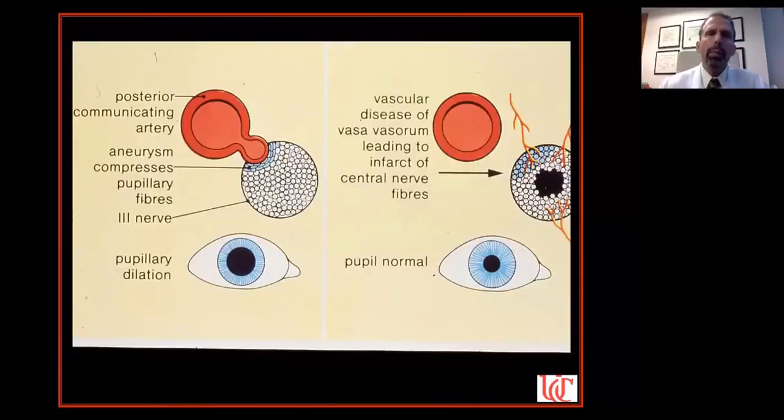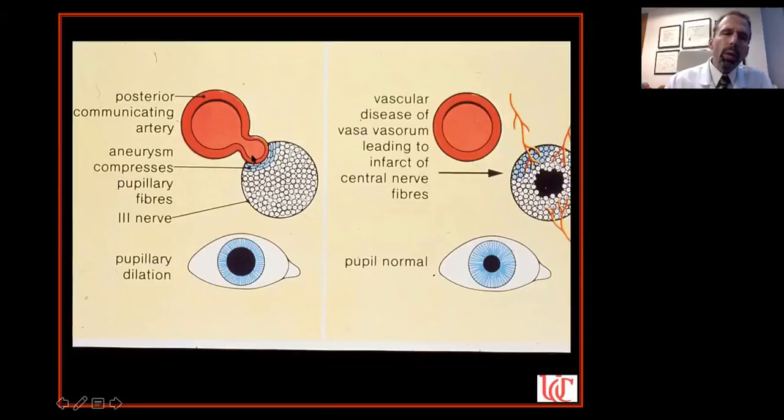And there's the rule of the pupil, which I think is under some debate these days as to how important that rule of the pupil is. But basically the rule is based on this pathology, and that is that the pupillomotor fibers depicted here in the light blue tend to reside on the outside of the third nerve in the inferomedial area, which is right where an aneurysm is going to push if it forms.